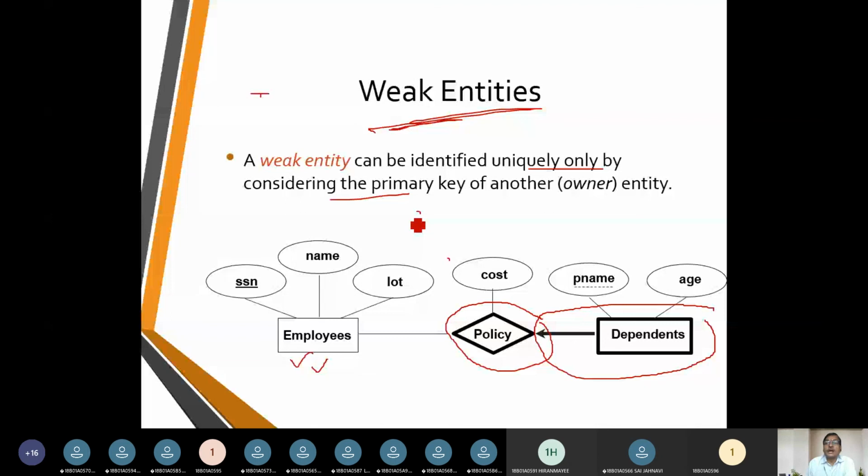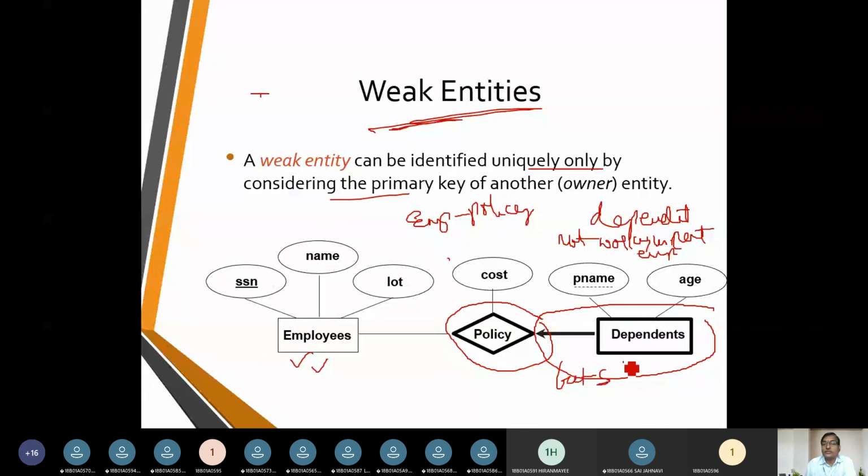Those dependents are not working and are not employees, but they still have their presence. How do we show their presence? They are represented with a dark arrow line. That is how we represent weak entities.